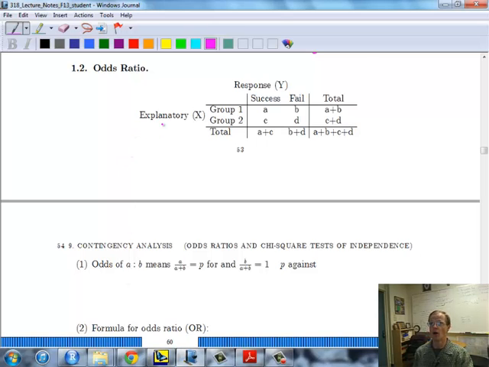So, odds ratio. Whenever we get these two-way tables with categorical variables, we like to put the rows as the explanatory variable x, the columns as the response variable y. So the odds of A to B, as I said, in a general setting, is just going to be the part to the other part.